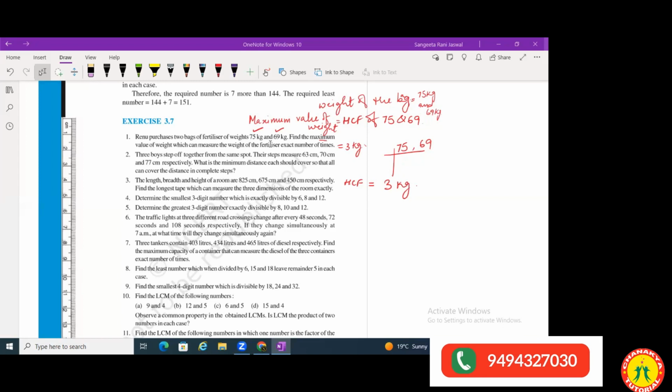So for finding the minimum distance, we have to find the LCM of 63, 70, and 77. Yes, good. Minimum distance each should cover so that all can cover the distance in complete steps.